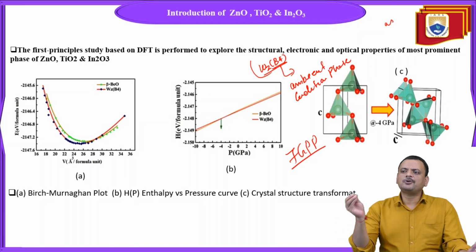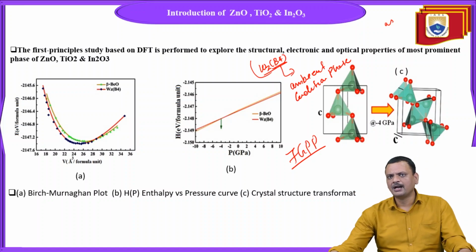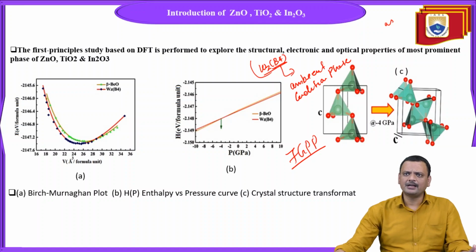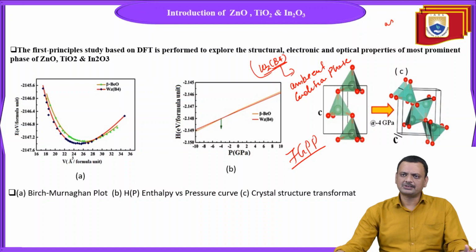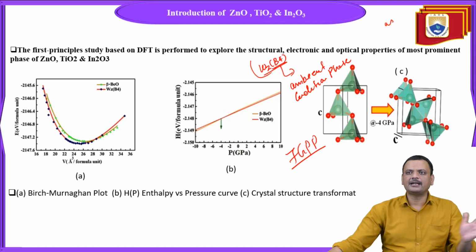Generally people dope zinc oxide with some dopant, but what I did was try to change the pressure over the Wurtzite B4 phase, not in the positive direction, but in the negative direction.